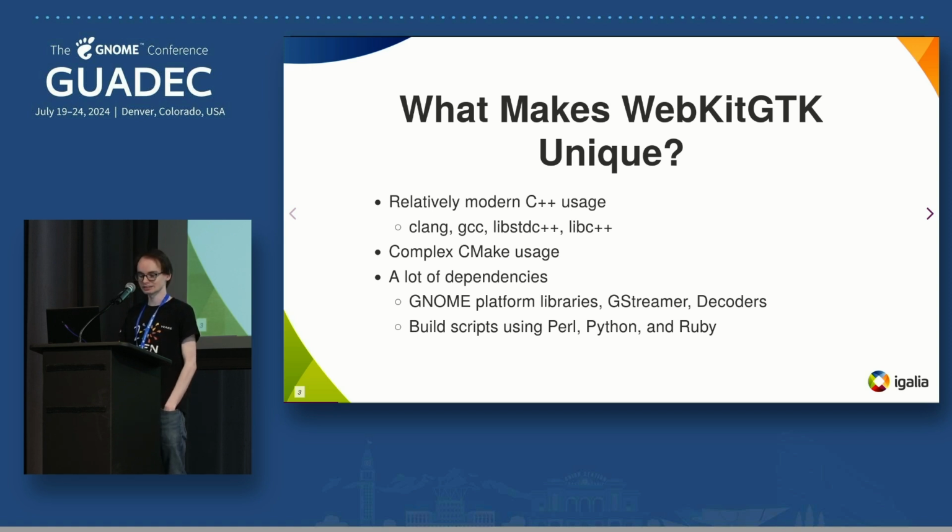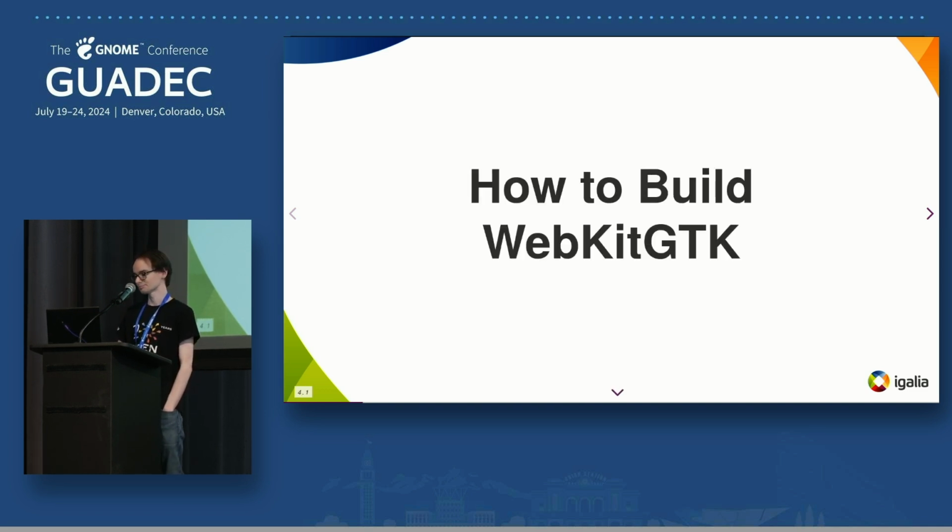We have a relatively complex CMake build system. We don't use Meson, unfortunately. And we have a lot of dependencies. We depend on most of the GNOME platform itself. We depend on GStreamer, including very specific versions of GStreamer and very specific decoders in GStreamer. We have many build scripts over the decades that have built up in Perl, Python, Ruby. So it's a bit complicated to get it set up.